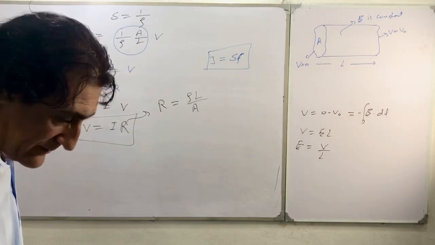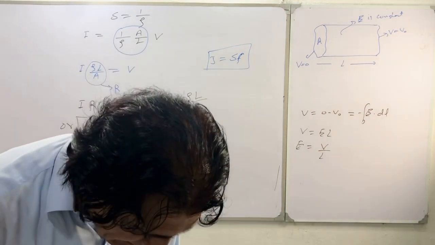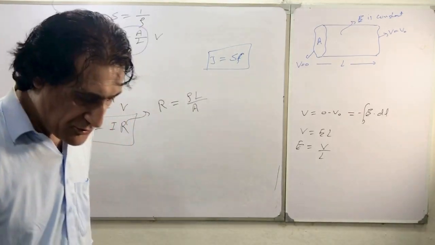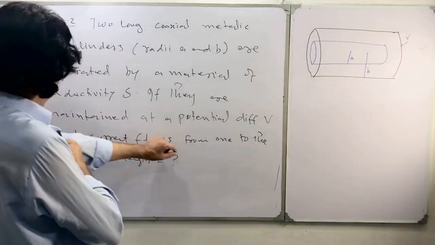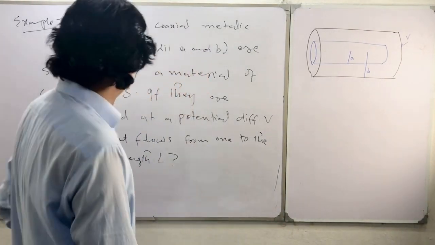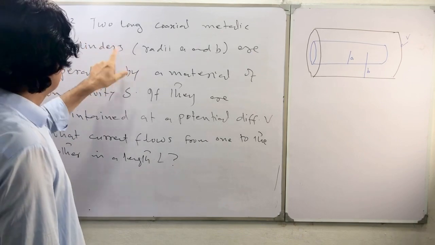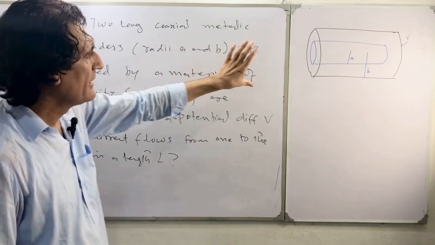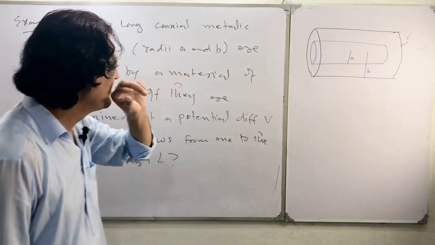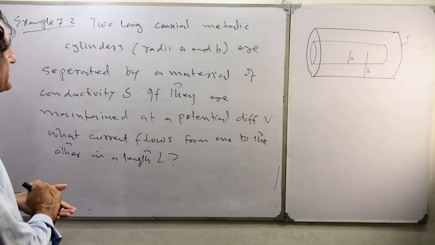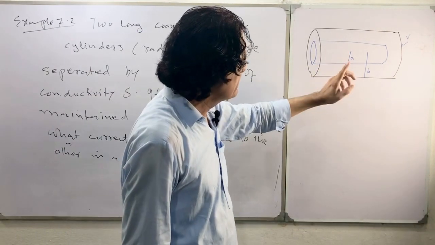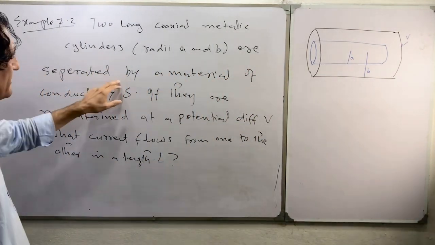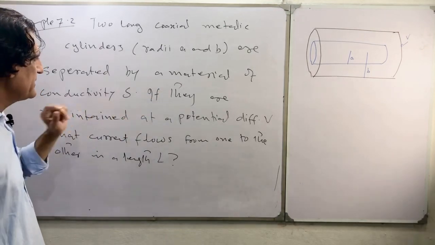Now the other question that I would like to solve, this is example 7, the second example. It tells us two long coaxial metallic cylinders having radii A and B. One has radius A and the other has radius B, and these are separated by a material of conductivity sigma.